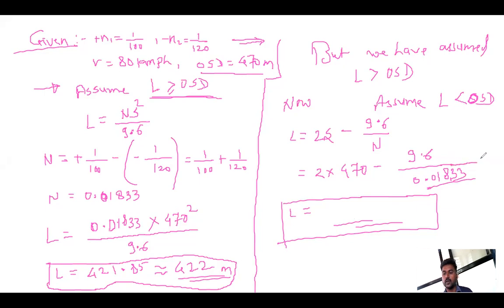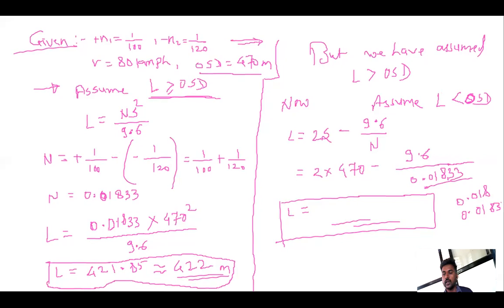If the answer is very different, if I take 0.018 and if I take 0.018333, if the answer is giving more different values, then go with the more accurate value. Directly take the value as 0.0183333, whatever it will be. By using this, how much will the value be? 417.